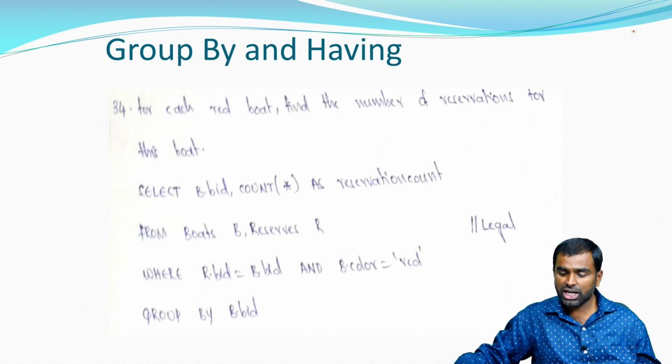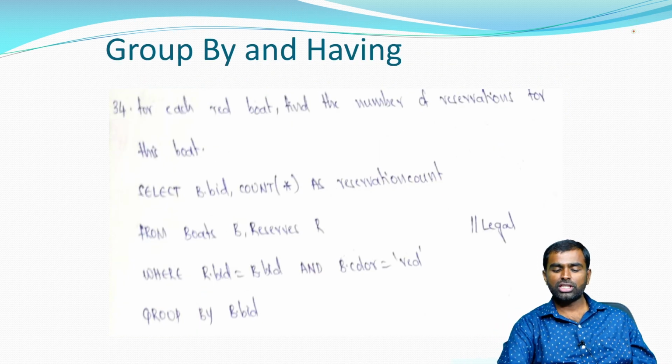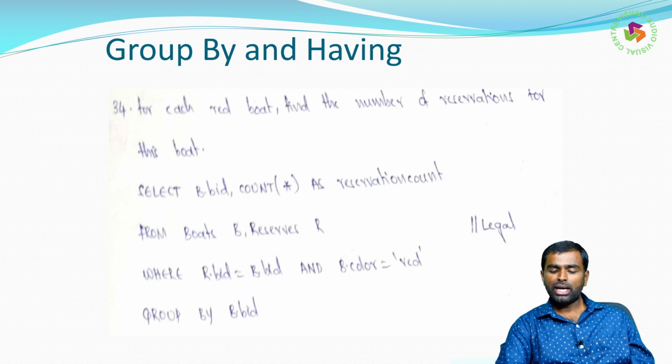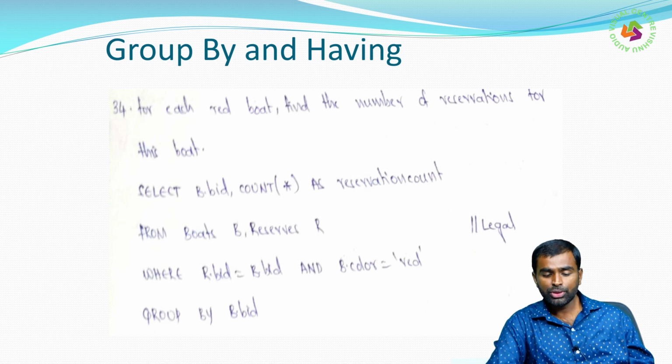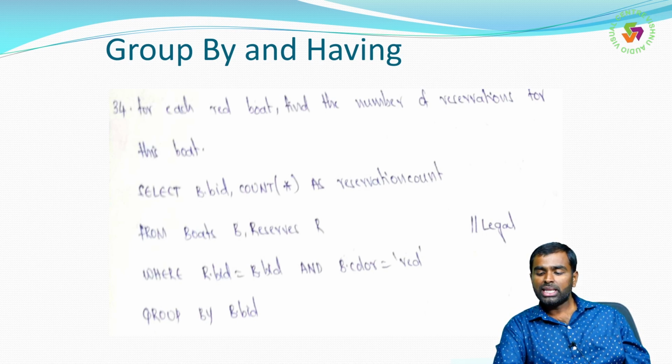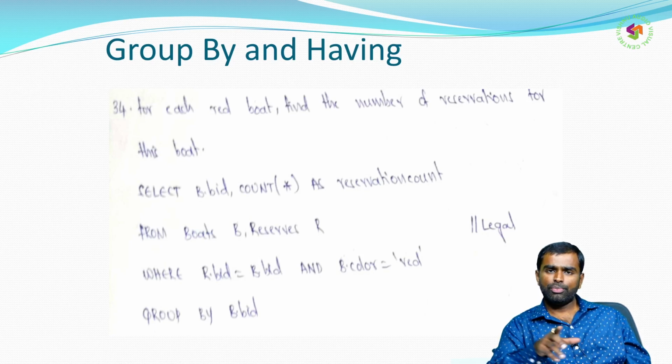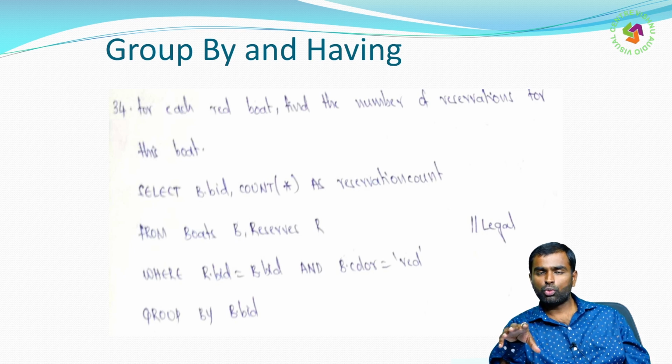Next, for each red boat, find the number of reservations for this boat. Select B.bid. This is also similar. You know the tables of the sailors, boats, reserves case study, no? All these queries are under the same sailors, boats, reserves case study, which is in the Raghuram textbook.